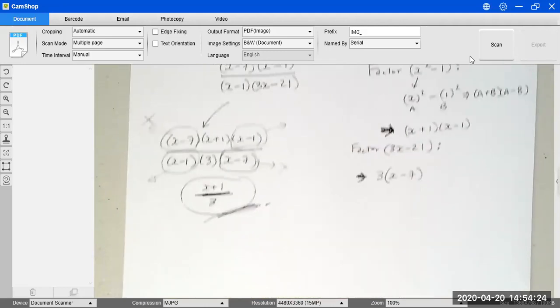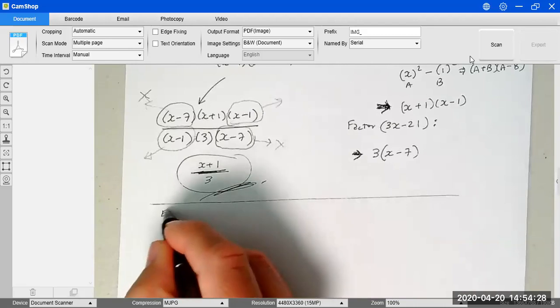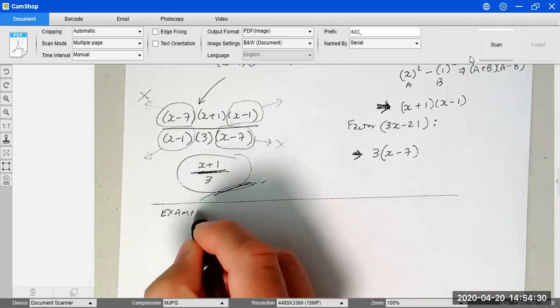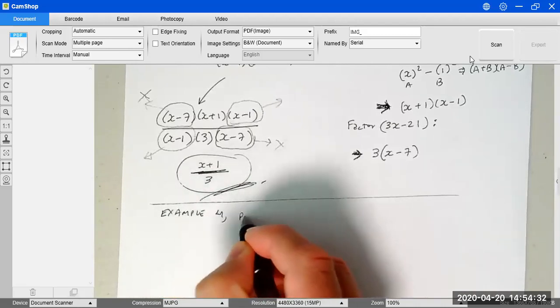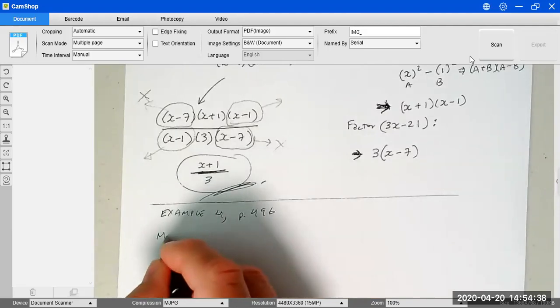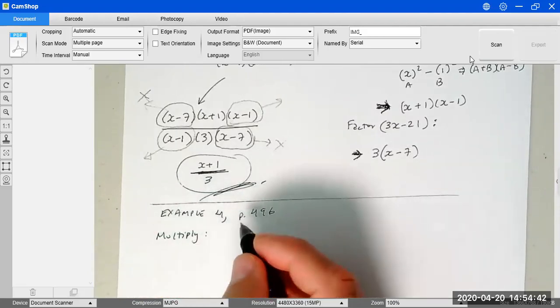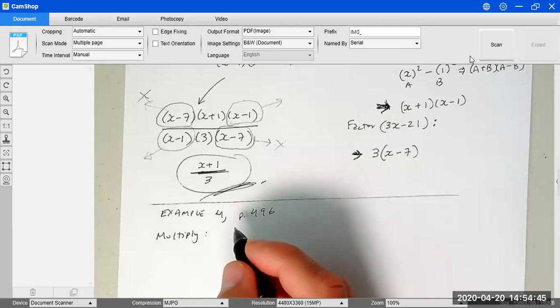Okay. So let's work on the next example. We have example 4 on the same page. Example 4 is a huge multiplication, but thanks to factoring, it's going to be simplified before doing any extra operation.